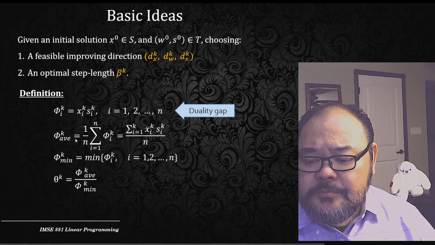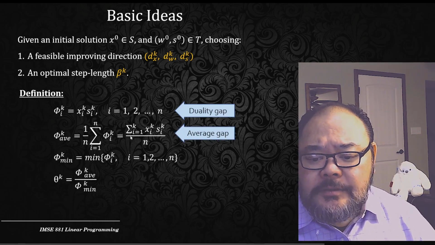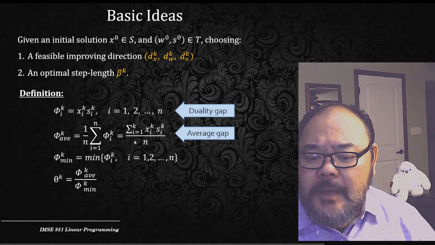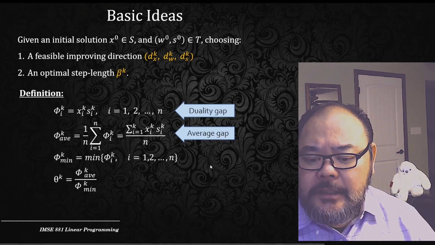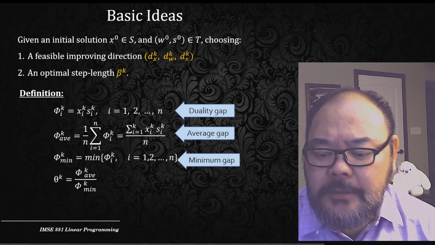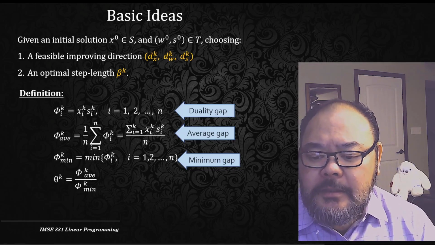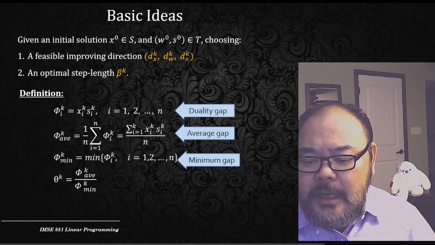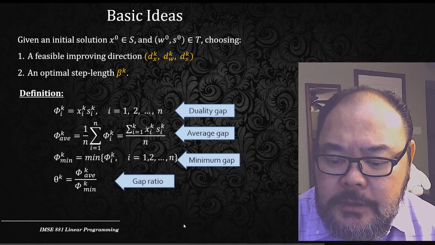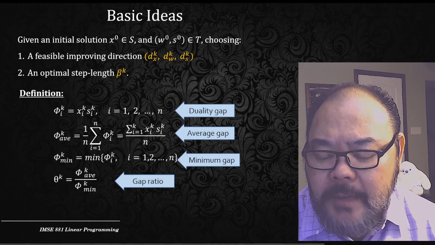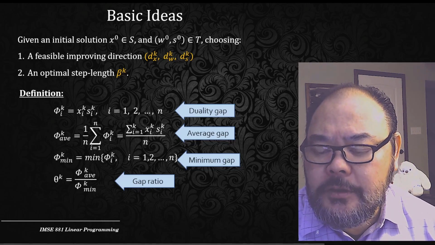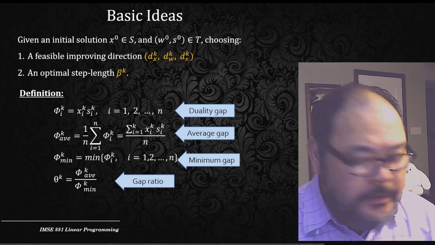Second is the average duality gap, which is the summation of the phi_ik altogether divided by n. The next one is the minimum duality gap, where we pick the minimum phi_k. Finally, theta_k is the gap ratio, the average duality gap divided by the minimum duality gap. So these are the measurements we use to see how the algorithm converges.